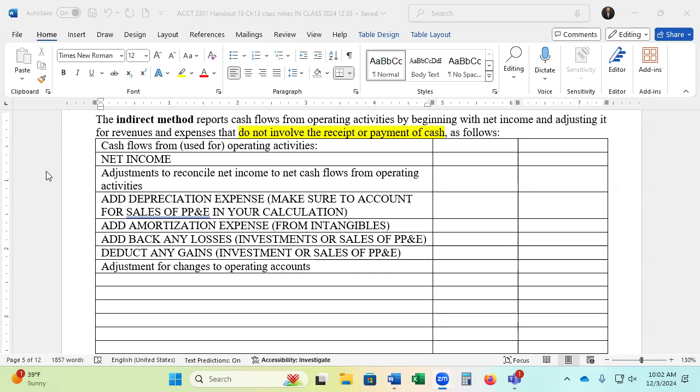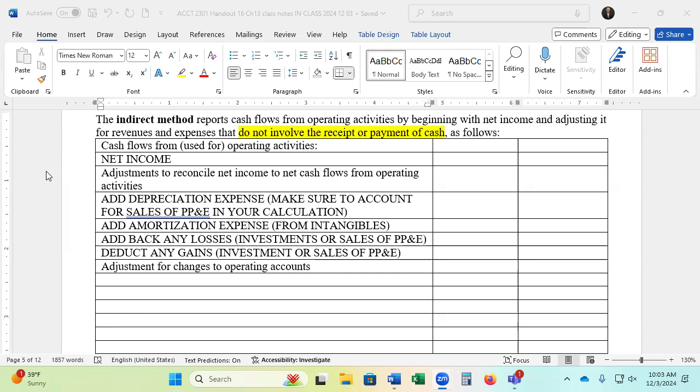If the inventory account increases, assets increase, right? It's simply, we bought inventory. And so the assumption is that we paid cash for that inventory, unless otherwise noted. So if the inventory balance from the beginning of the period to the end of the period goes up, the assumption is we used cash to fund that inventory. If it goes down, then we assume that it became a source of cash.